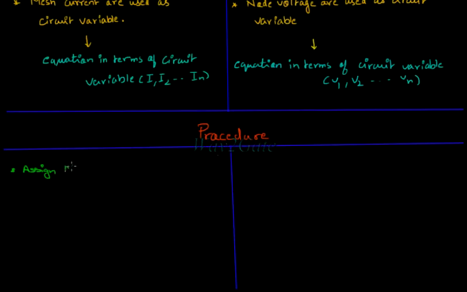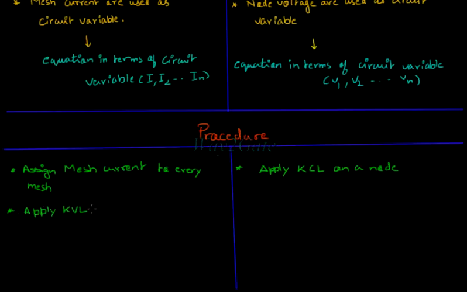In mesh analysis, we first assign a mesh current to every mesh and apply KVL to make equations in terms of circuit variables, that is mesh currents.